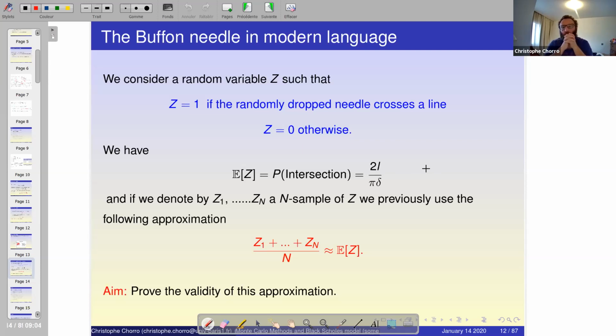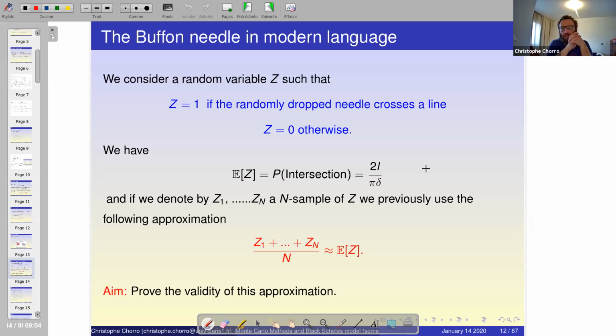And now, what I have done is reproduce this experiment several times. That is, I have dropped not one, but capital N needles. I have considered Z1, Z2, up to Zn, a capital N sample of capital Z, independent and identically distributed. That's what I mean by an N sample. What is Z1 plus Z2 plus Zn?